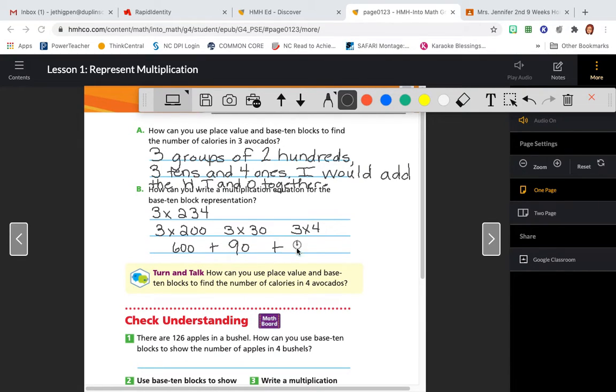And then 3 times 4 is 12. And we add all of those together. And we get 702. So we know that there are 702 calories in all 3 of those guacamoles. So we're using the idea of expanded form to help us solve this problem.